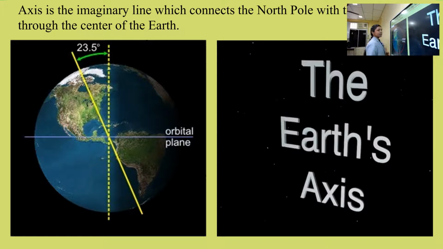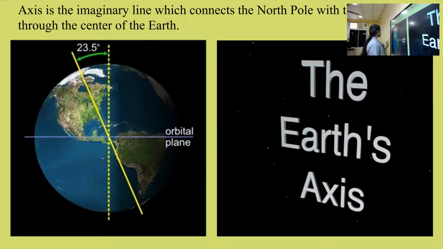Here we have the equator. We are drawing the perpendicular line to show the North and the South Pole for our convenience. But the Earth is having the tilt, and the difference between these two lines is 23.5 degrees. Is it clear?